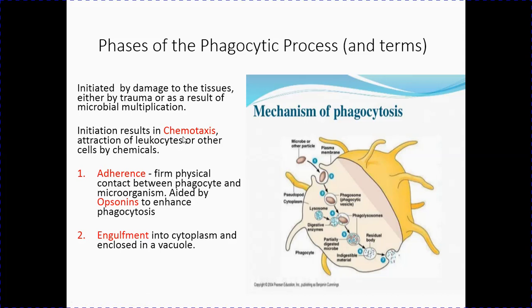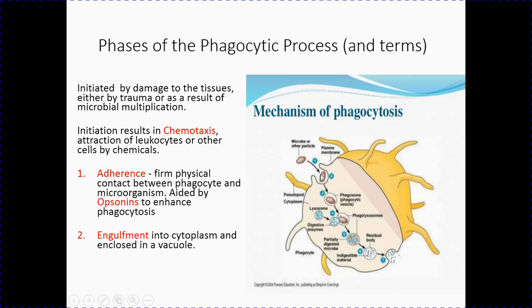Once cells come to the area, the phases of phagocytosis are as follows. The first phase is called adherence, the physical contact between the phagocyte and the microorganism. Sometimes acute phase reactants can opsonize the microbe or other particle to make it really susceptible to phagocytosis. That's step one.